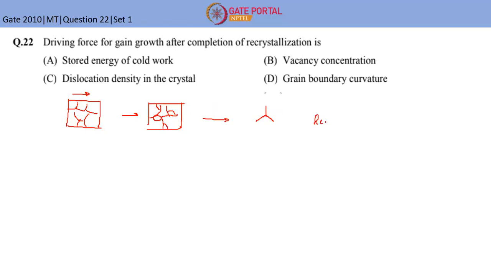So the reduction in grain boundary, just to overall reduce the grain boundary energy, will take place. Which will lead to decrease in grain boundary energy because of grain growth.